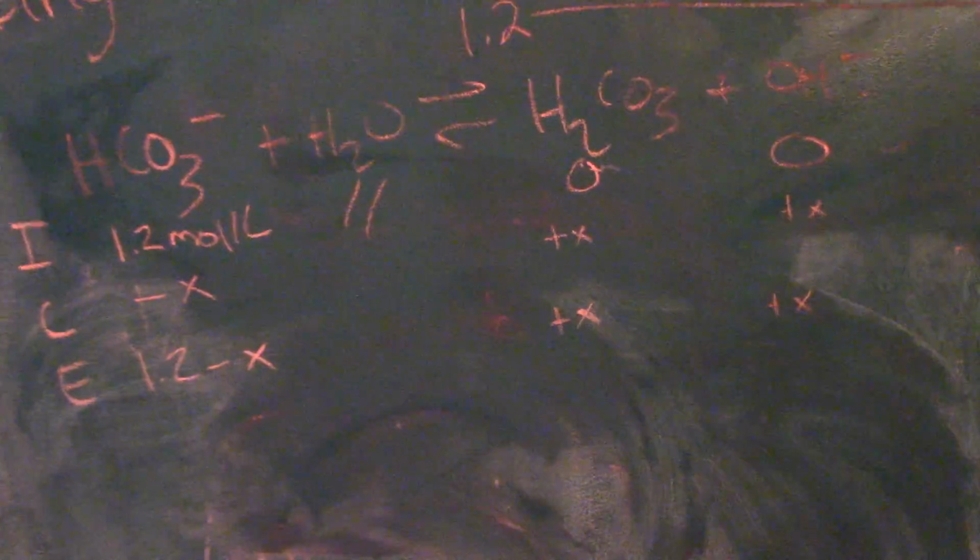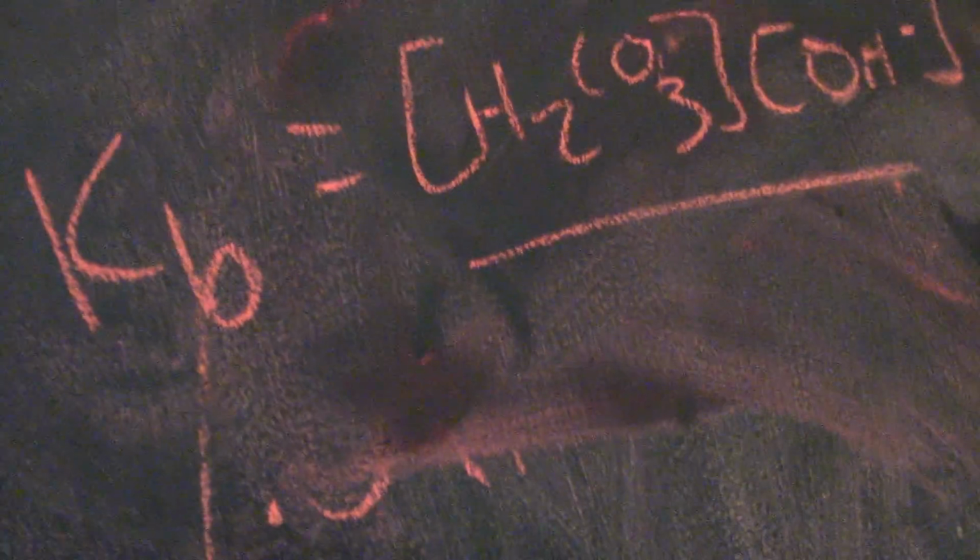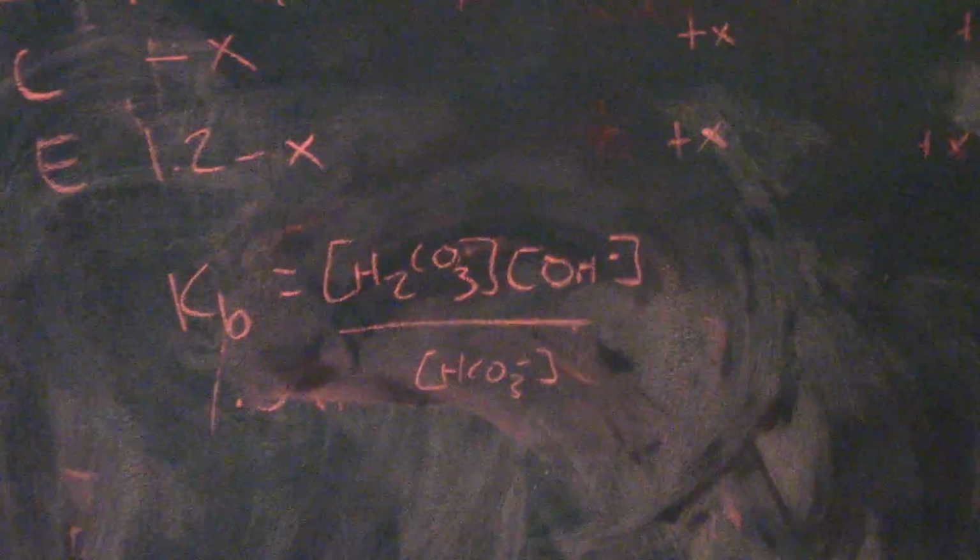All right, so here's my KB. Let's solve. So my KB expression is going to equal H2CO3 times OH negative over HCO3 negative. So that's my KB expression. Okay.